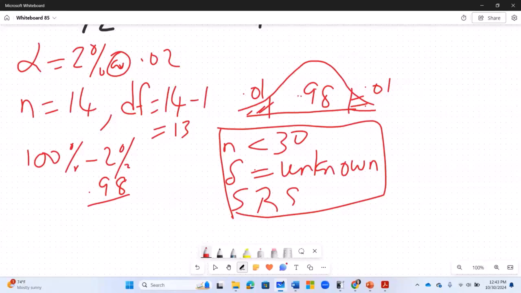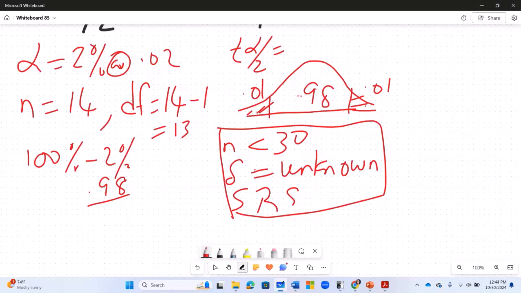Now I'm looking for T alpha over 2. Remember, it is T, so you're looking for T alpha over 2, not Z. So I am going to find T alpha over 2 because it's divided by 2.